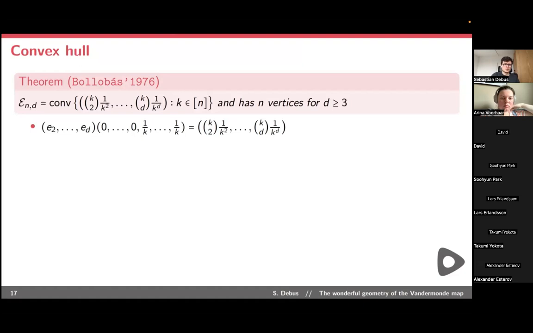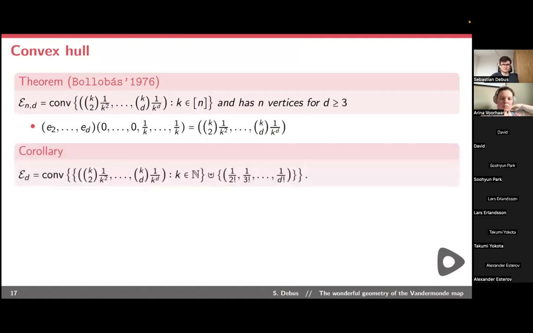And what do we observe about those vertices? Those vertices are actually the evaluations of the elementary symmetrics map on very special points, namely the vertices of the probability simplex when we restrict to the cone x_i less than or equal to x_{i+1}. Namely, we have a lot of zero copies and then k copies of 1 over k. So this gives us the convex hull and the vertices.